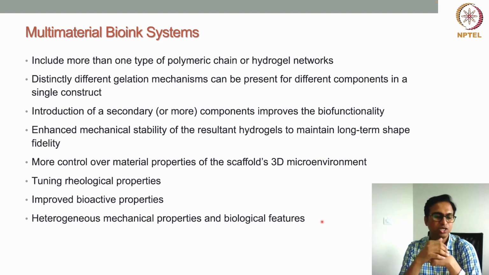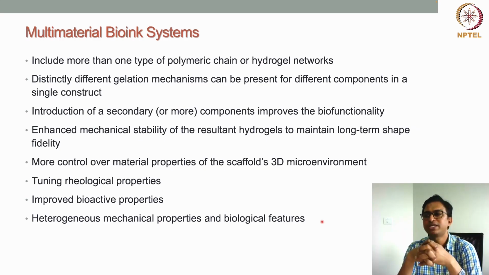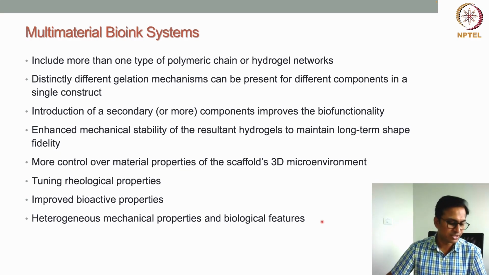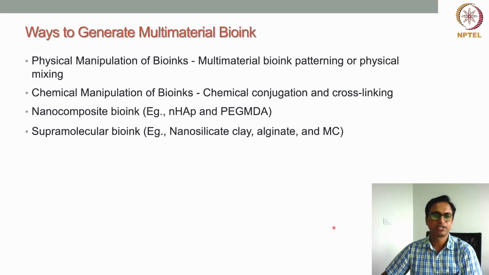Because most of our tissue, the biological nature of the tissue, is that the tissue has heterogeneous structure, heterogeneous mechanical property, heterogeneous function. So all this can be achieved with a multimaterial Bioink system. That's why multimaterial Bioink system is very important, and recently there is a huge interest in this domain. There are various scientists working to develop multimaterial Bioink systems.